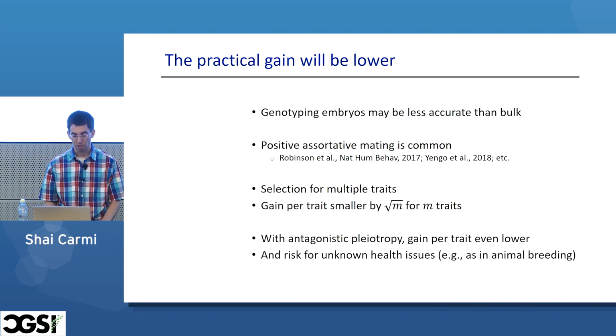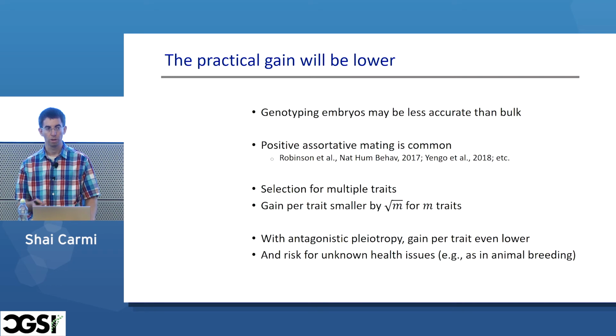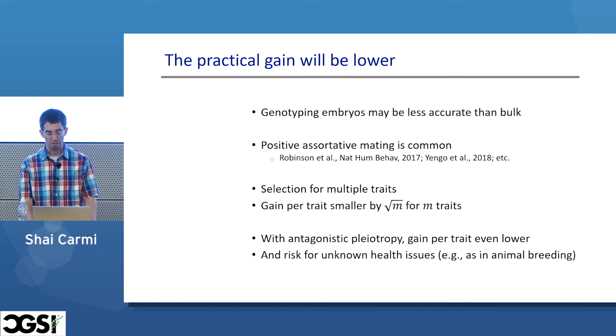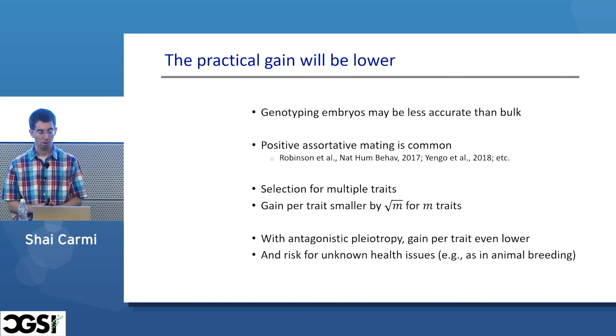And maybe most importantly, there's the point about pleiotropy. When we are selecting for IQ, who knows what else we are selecting for? Height is positively correlated with lots of desired traits, but IQ, for example, is correlated with autism and anorexia, and maybe other things that we are not even aware of.